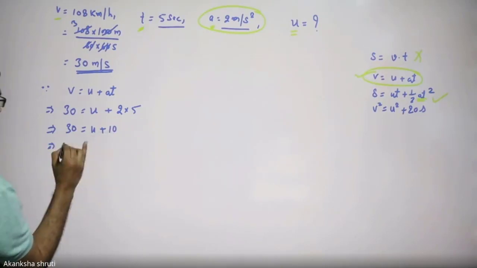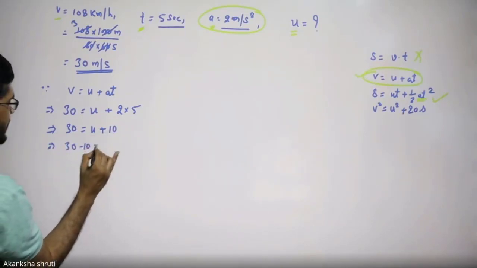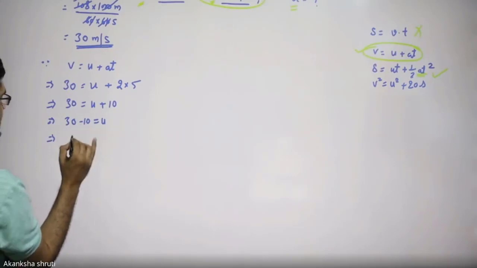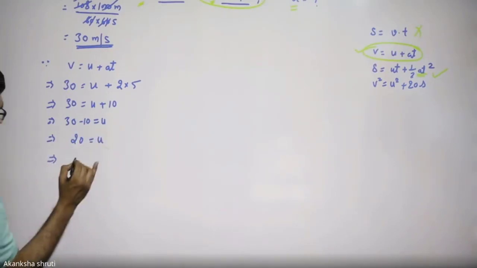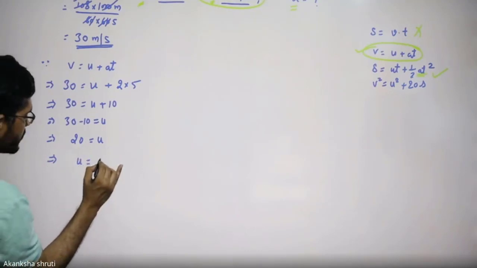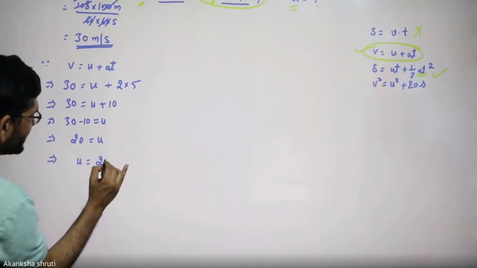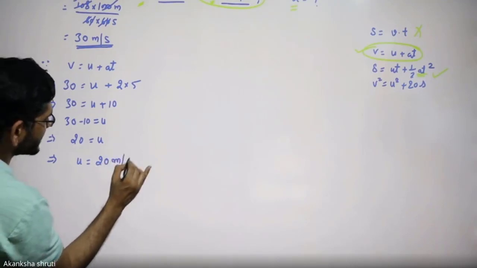Bring this over: 30 minus 10 is equal to u. So 30 minus 10 is 20, equal to u. This implies u, which denotes the initial speed, is 20 meter per second.